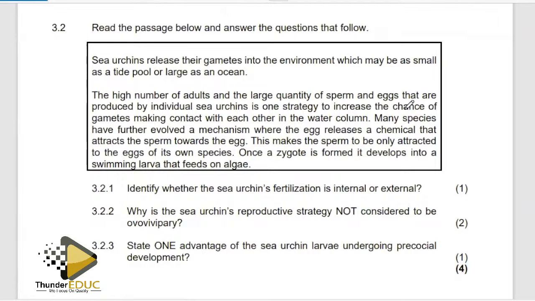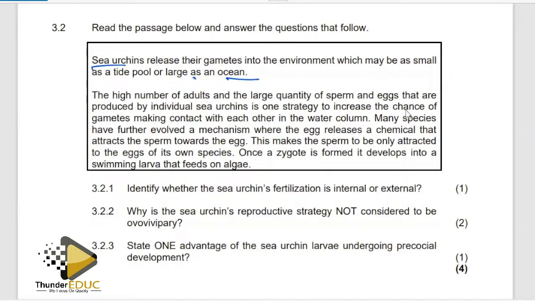It's just an extract whereby you're supposed to look at it and then answer the questions. Sea urchins release their gametes into the environment, which may be as small as the tide pool or as large as the ocean.